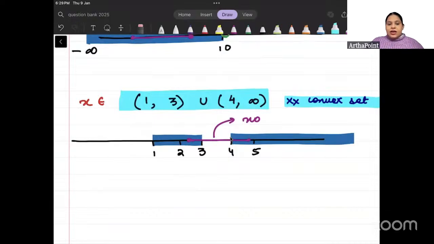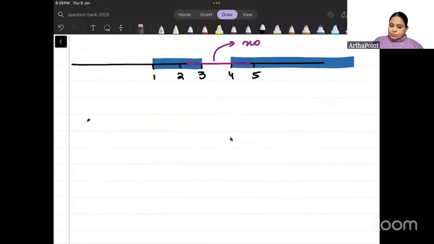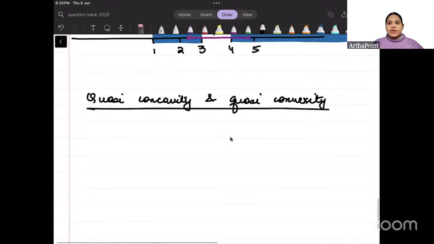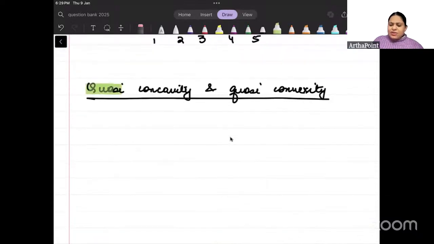Now, let us try to understand what quasi-concavity and quasi-convexity are. When we talk about these two concepts, quasi in a way means partial. जैसे हम microeconomics में we study quasi-linear function, partially linear function.